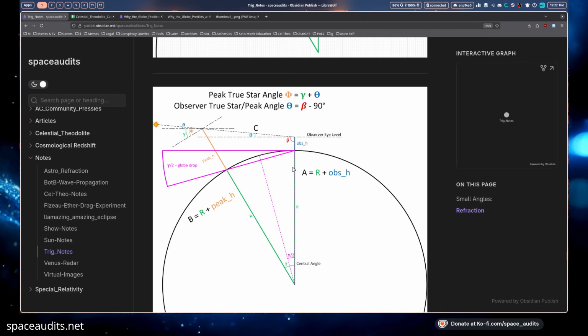And that central angle is basically what they're using as the reference for the true position of the star. If you were to take the middle of that triangle and shoot it up into the sky, that's the true position. Well, guess what? The true position is now referenced based off of where the mountain peak is. You see what I'm saying? We're no longer in the center. We're now utilizing the mountain peak.